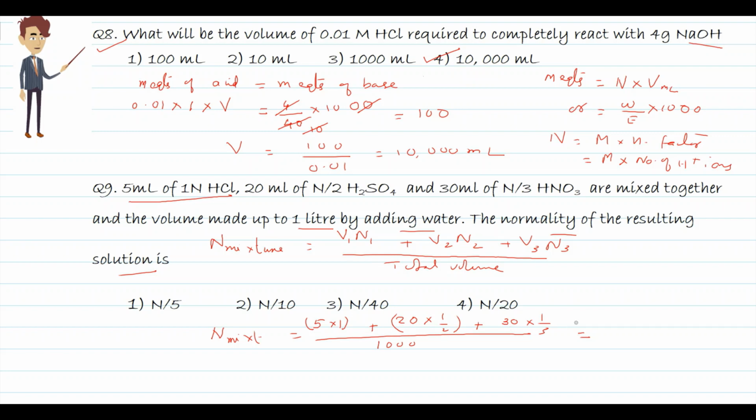On simplifying, numerator becomes 5 plus 10 plus 10 divided by 1000. Numerator becomes 25 by 1000. On solving, result is 1 by 40. Option 3 is correct.